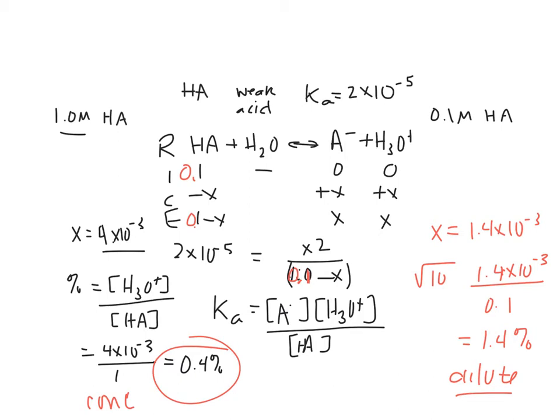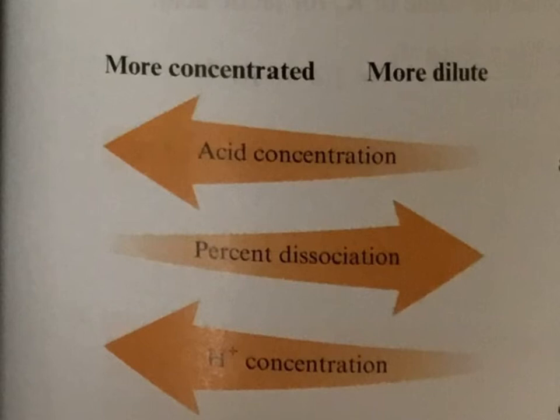We can summarize what we just saw with the following visual. As acid concentration is increasing, I hope it makes sense that a higher acid concentration is also going to mean more hydrogen ions in solution. However, if we say this is 1 and this is 0.1, yes, we are making more hydrogens, but more hydrogens compared to much smaller numbers here.